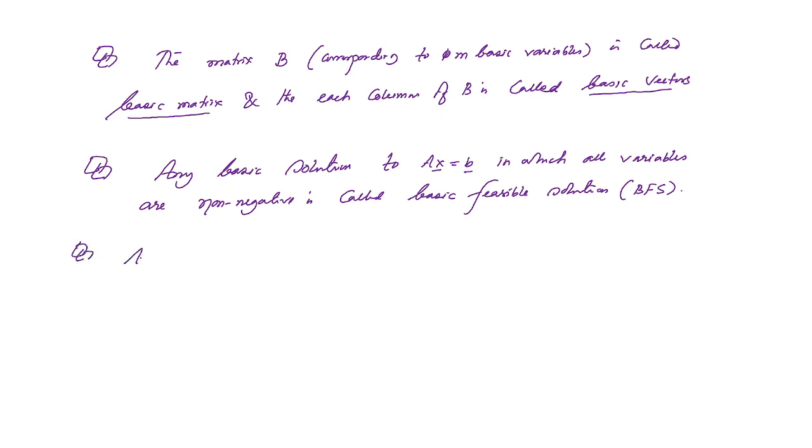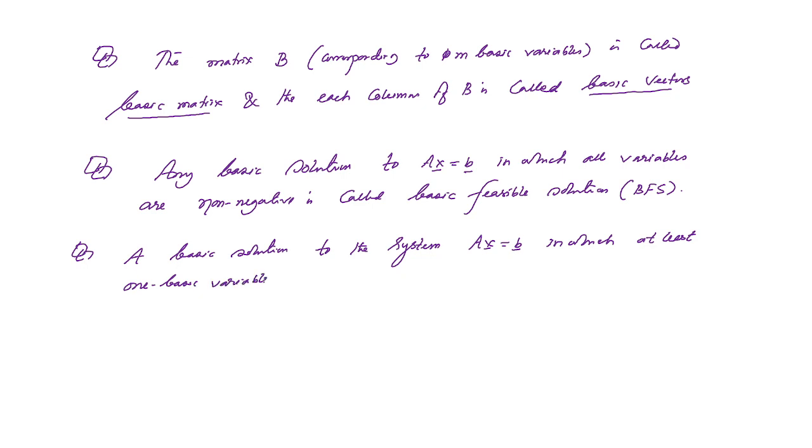And next, a basic solution to the linear system AX equals b, in which at least one basic variable vanishes, is called a degenerate basic solution.